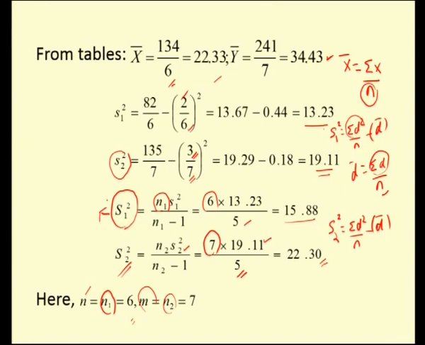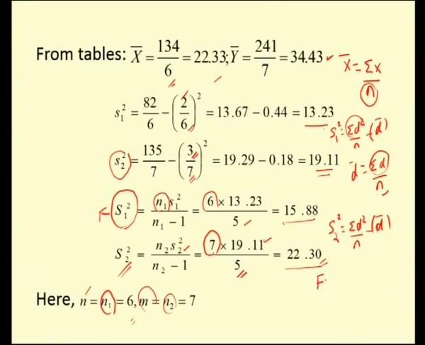In F statistics it is very important that you check the variance with respect to the population, that is the unbiased estimator of S1 squared and S2 squared. Here S1 squared is 15.88 and S2 squared is 22.30.